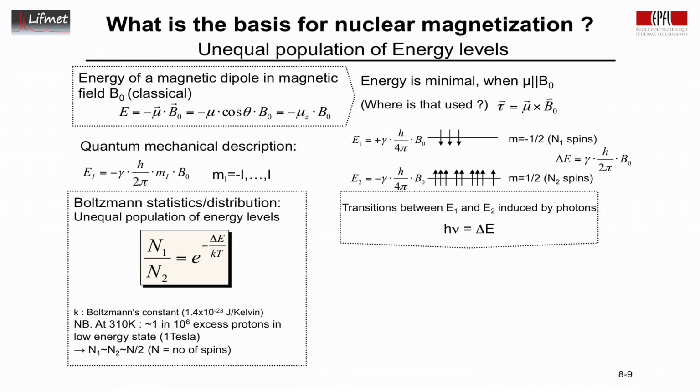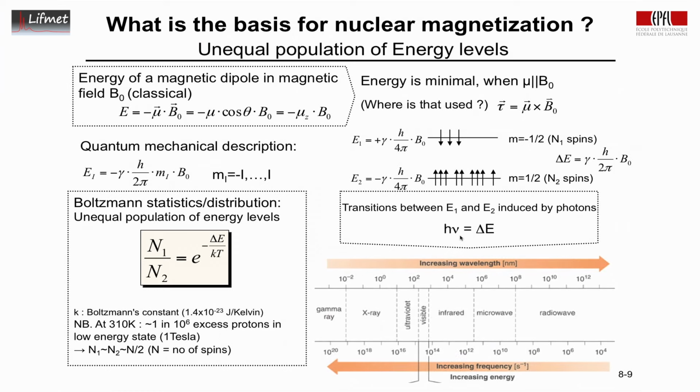Before we go on though, I want to make the point that the transitions between the energy levels are induced by photons. The photon is the interaction boson for electrodynamics, so we can associate this energy difference, the delta E, with a photon energy h nu, and then we can look up what this value is, to relate this to the X-ray techniques that we have been discussing in the first half of this course.